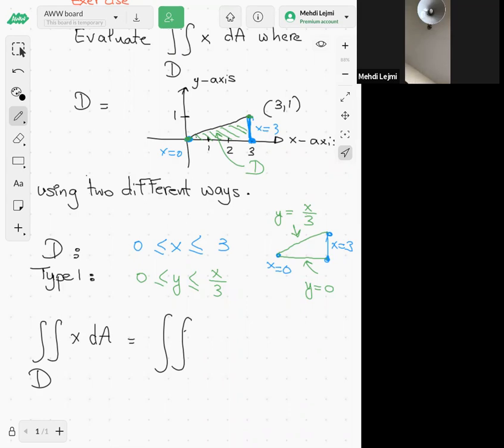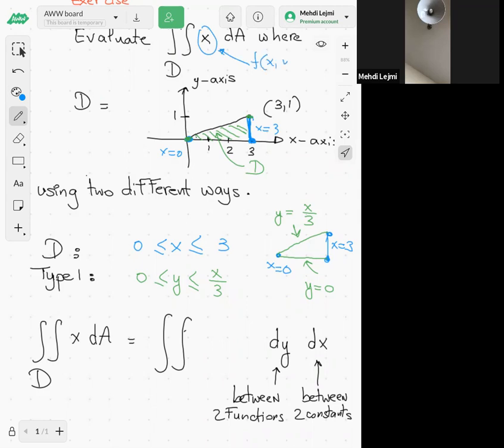So you integrate first with respect to y, and then with respect to x, because your x is between two constants and y is between two functions. And here's your function. Our function here is x, my function f of x, y.